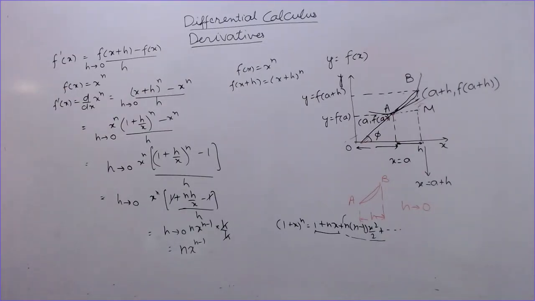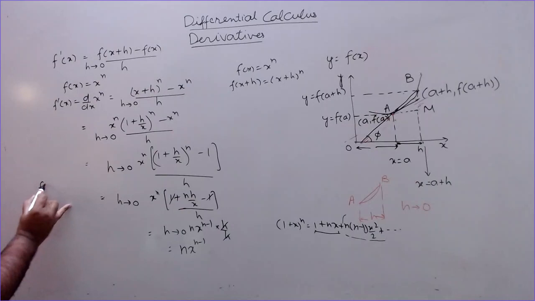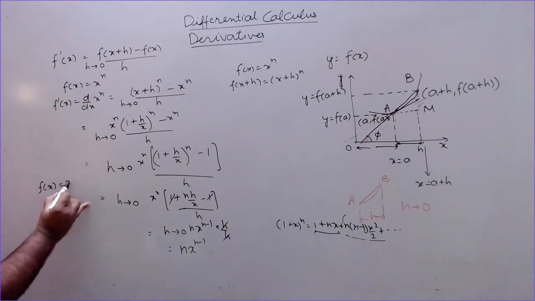So n x to the power n minus 1 is the value of the derivative. This is how you can find the derivative of a function. Suppose we have f(x) equal to x to the power 5.